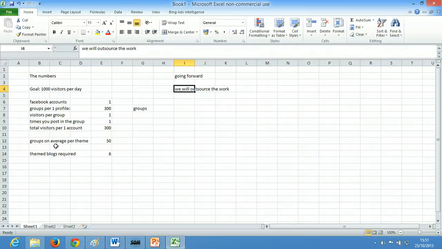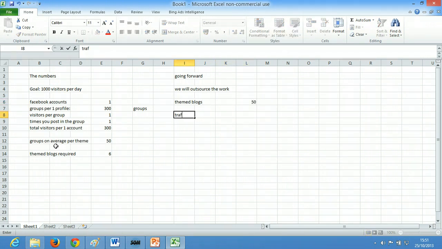Imagine for a second having, let's say, 50 themed blogs, and each blog receives maybe a couple of hundred visits per day. You're going to have a total traffic of 50 times 200, 10,000 visitors a day.